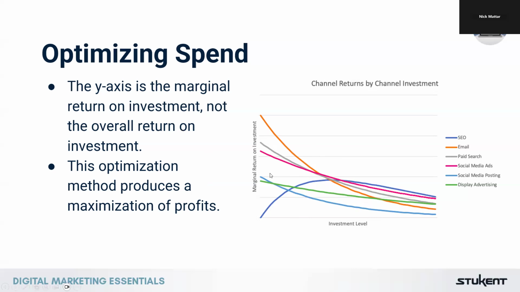But for a lot of us, we're only ever in this first spot, right? If I first start doing email marketing, the first couple of months, I'm going to feel really good about it in terms of my payoff. But as years go on and I invest more and more, that's going to eventually normalize.